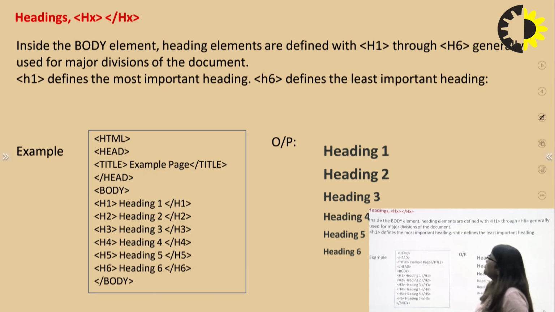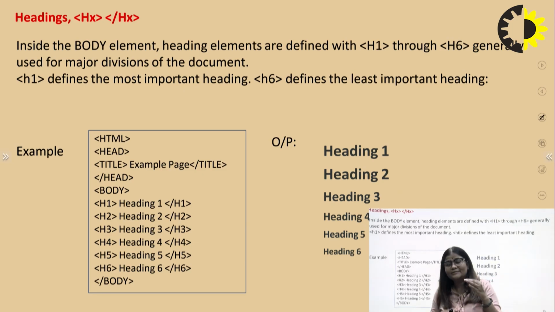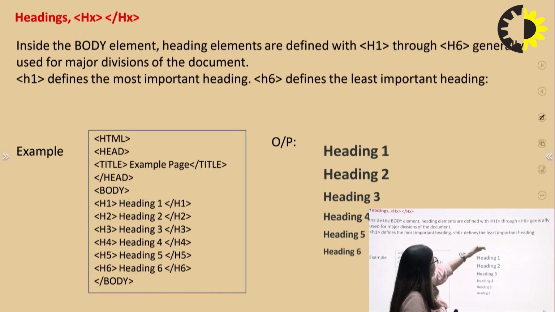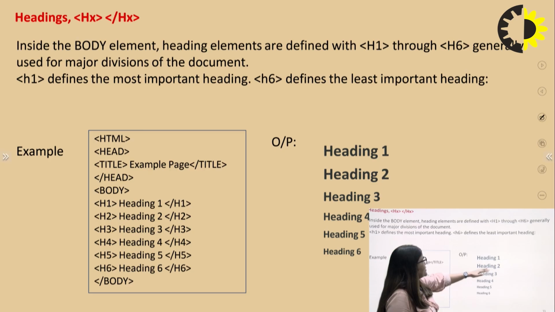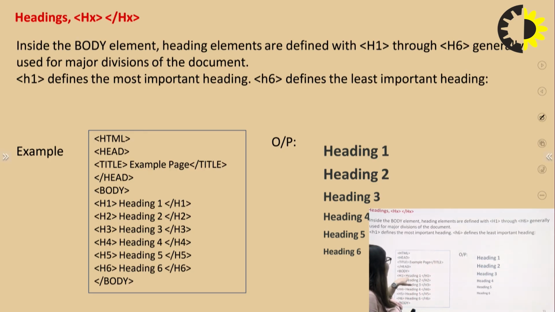Now inside the body element, heading elements are defined with H1 through H6. That means we have headings of multiple sizes, and the sizes available are from H1 to H6. You can see the heading of H1 is the biggest, and as we increase the number like 2, 3, 4, 5, 6, the size of the heading gets smaller.